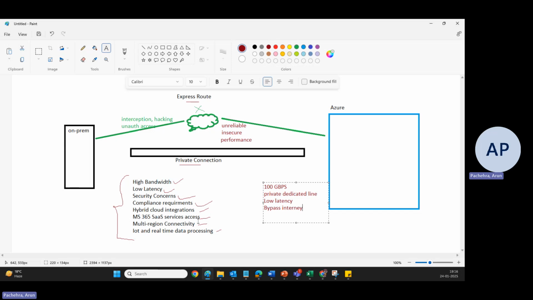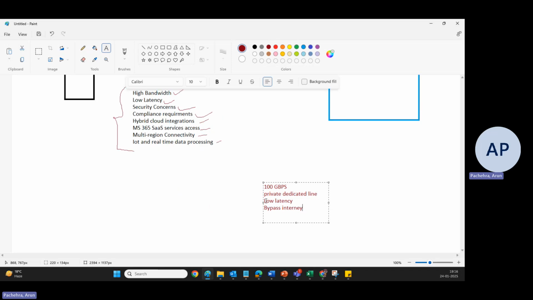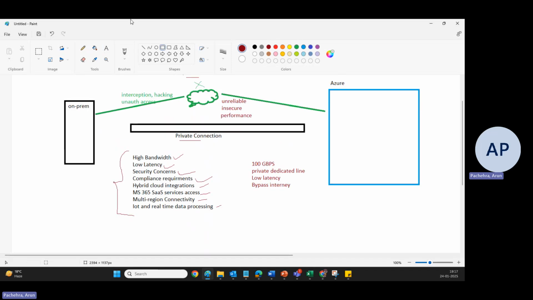Another one was hybrid cloud integration. ExpressRoute provides a private dedicated line between on-prem infrastructure and Azure, which ensures seamless hybrid cloud operation and simplifies the hybrid model, with support for dedicated lines. ExpressRoute has something called FastPath and ExpressRoute Global Reach for such scenarios. Then Microsoft SaaS services access.